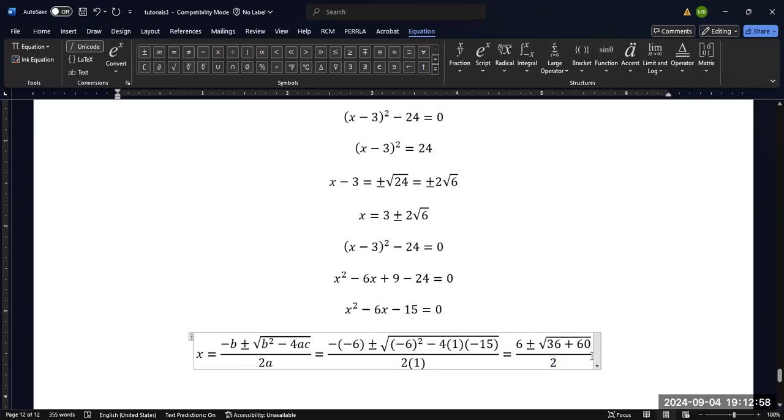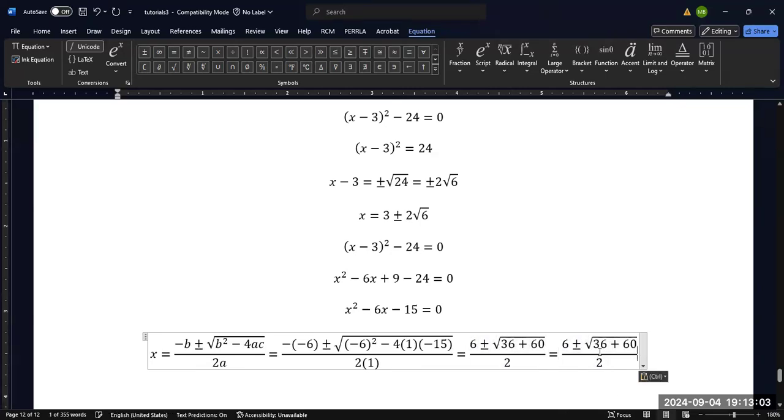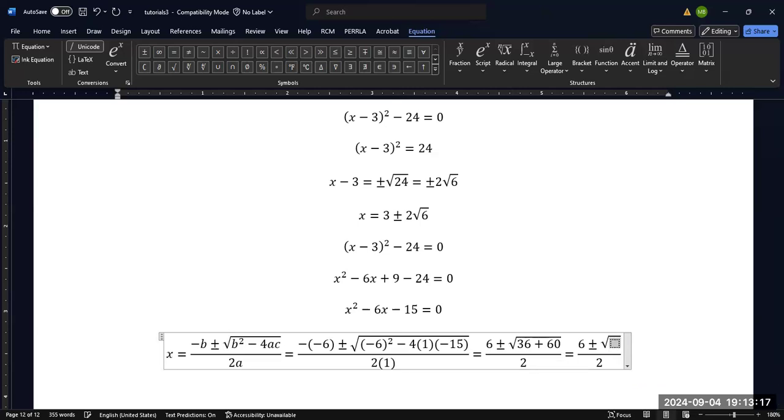36 and 60 is going to give me 96. 96 is divisible by 16. 96 is 6 times 16.